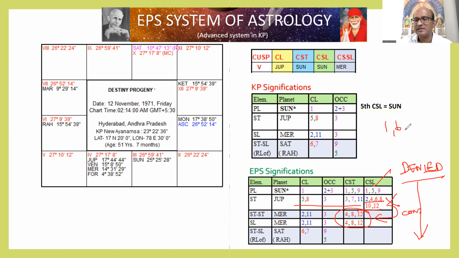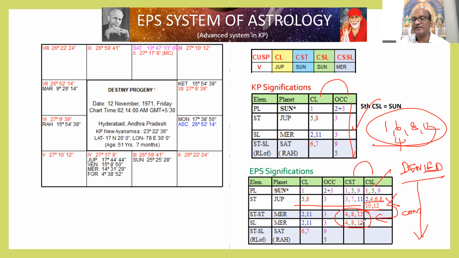So 1, 6, 8 and 12 are strongly indicating some defect in the main progeny prospects. Understand? So if you take only CLOCC, we'll say it is good. If you take CST and CSL also together, we will feel that the strength is being reduced by the unfavorable defect causing houses. It is indicating that destiny is not strong. It is denied. Right, sir?